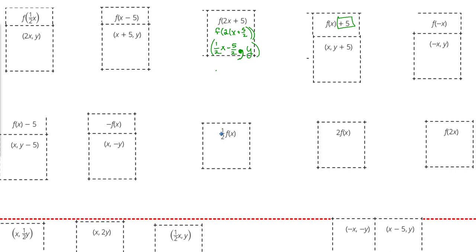And when it's outside, it behaves the same. And so outside affects X or Y? Which of these affects the Y's? Inside or outside on this operation? Outside. So it affects the Y value.